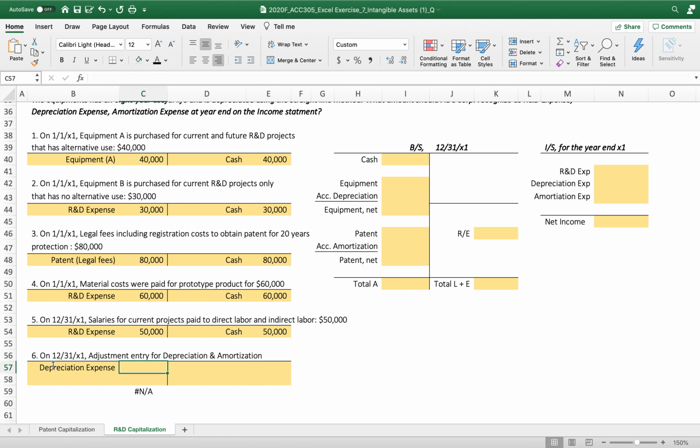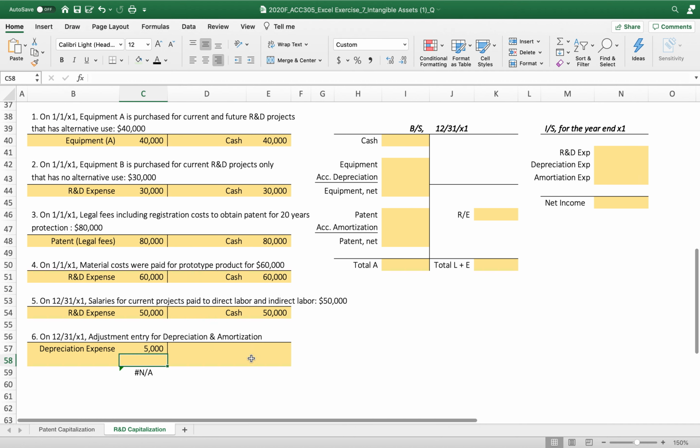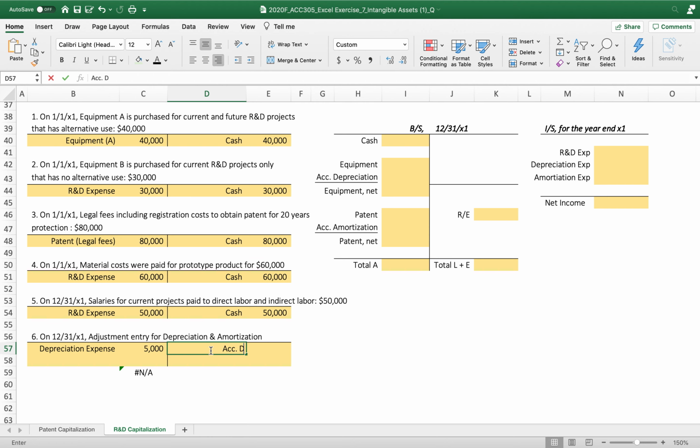Depreciation expense for 40,000 divided by how many years? 8 years. So 5,000, and then accumulated depreciation is the same, 5,000.